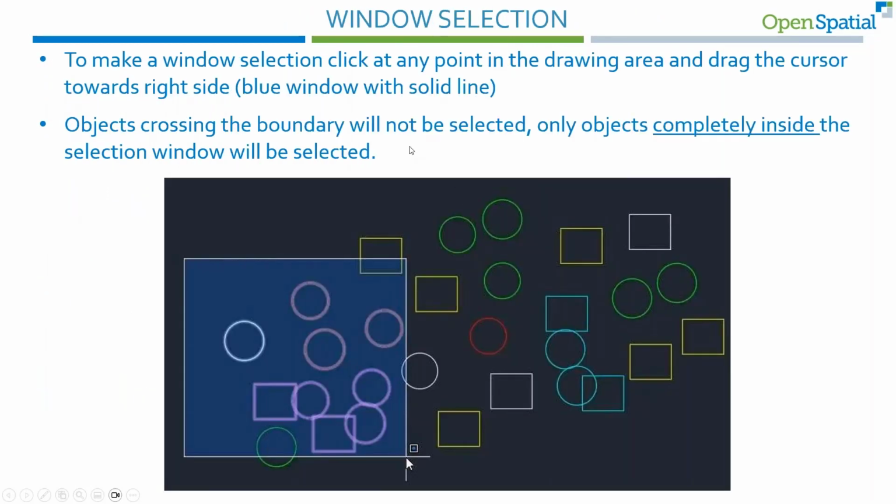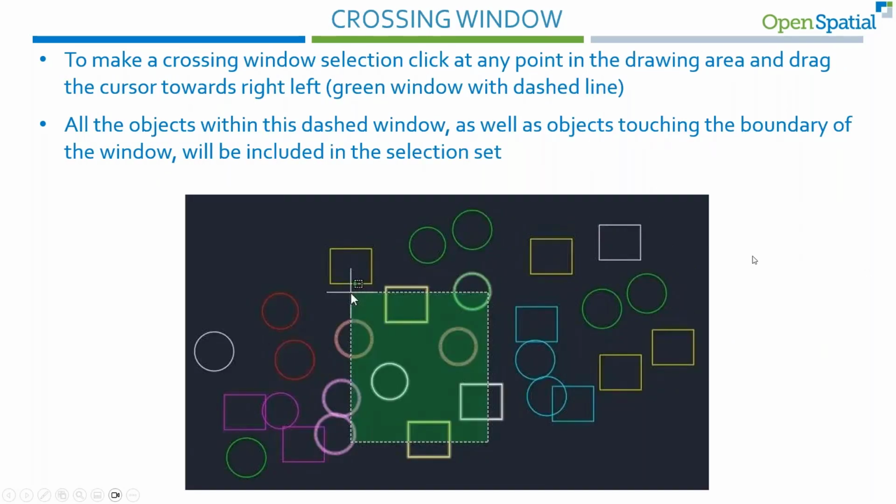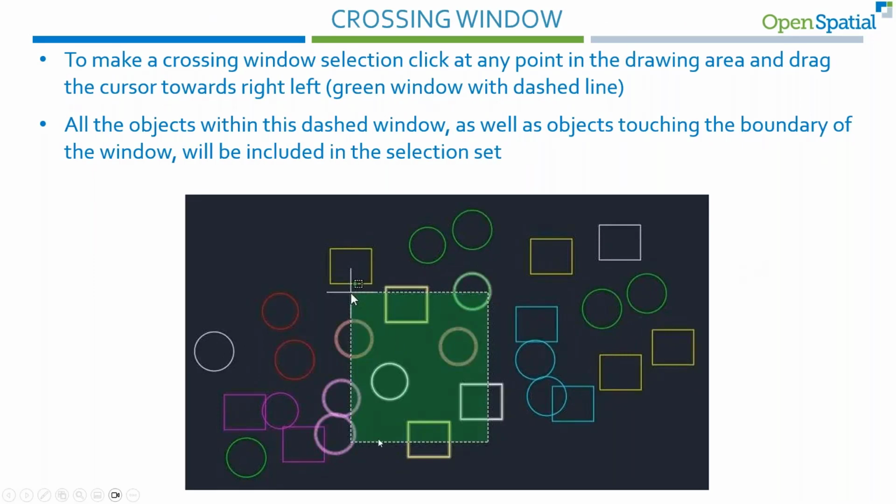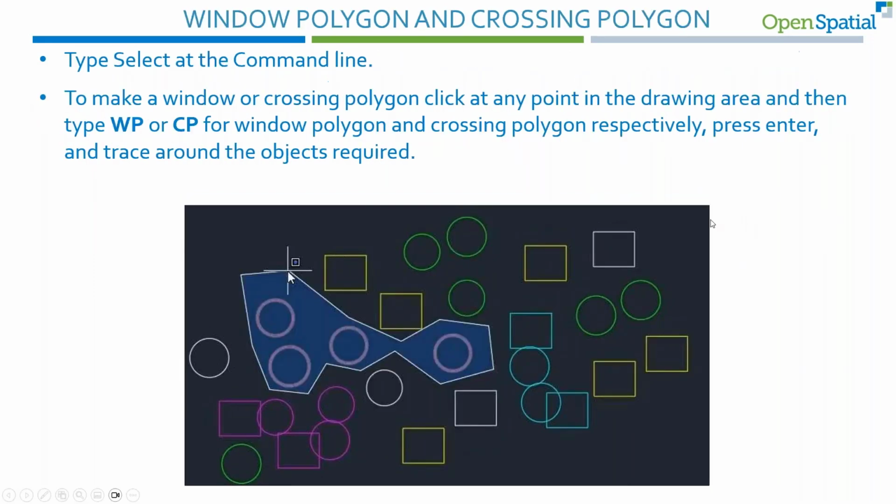Remember we saw that there's the blue and the green bit. If you start at the top left and draw your mouse to the bottom right, it will only select that stuff that is completely inside the window. If you go from bottom left to top right, so the green one, it will then do a crossing selection. That would select all the stuff that is inside that box.